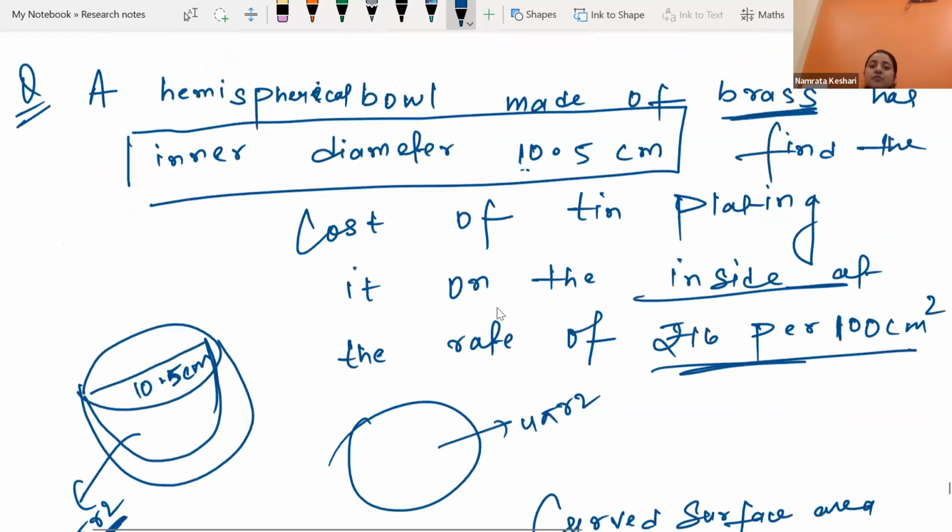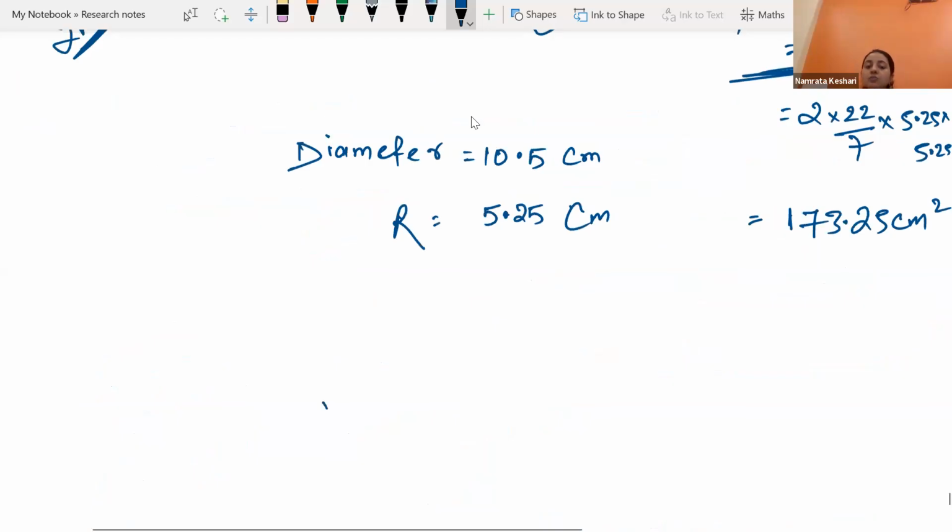Now we just have to find the total cost. It is given that the cost of tin plating is rupees 16 per 100 centimeter square. That means for 100 centimeter square, the cost is 16 rupees.